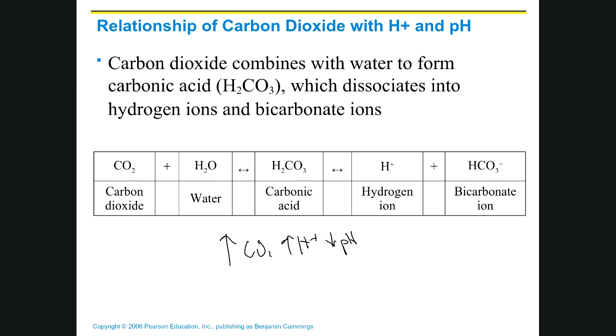So in other words, the opposite of that's also true. If I decrease carbon dioxide, so look, if this number goes down, that number's got to go down because that's what I'm making it from. So automatically, I'm going to decrease hydrogen ions, and I'm going to increase pH because remember, it's in the bottom of the equation.